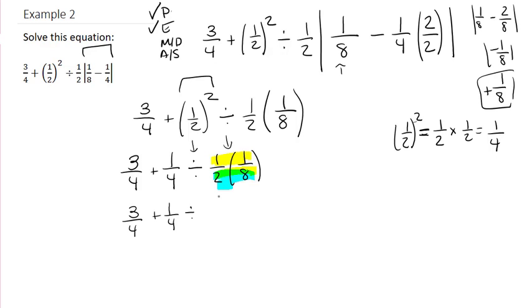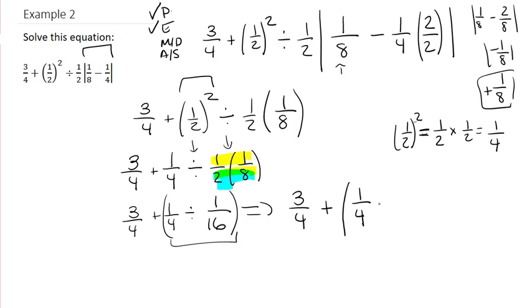So we get 1 times 1, which is 1, 2 times 8 is 16. So this can be rewritten as 3/4 plus, and then this can become a multiplication. We remember that we can go 1/4, and then multiply it by taking the reciprocal of the second term. So it's just 16/1.